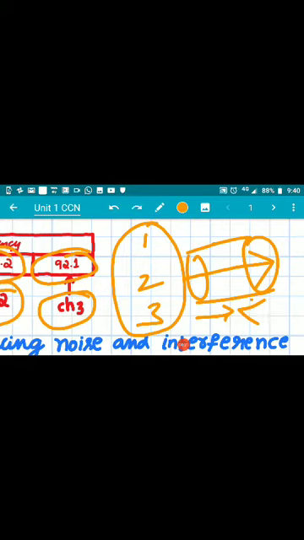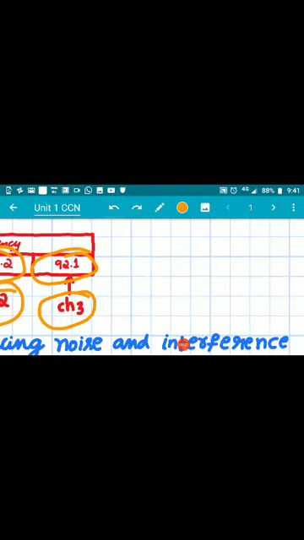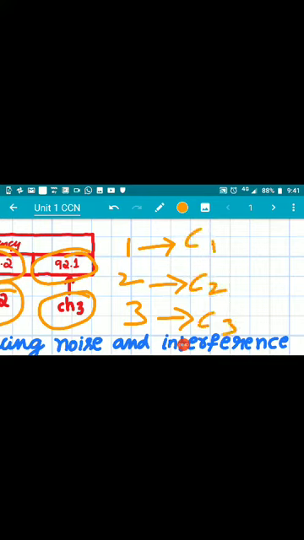To avoid such a problem, what do we do? We do modulation. I have signal 1, signal 2 and signal 3. Each signal is modulated with carrier 1, carrier 2 and carrier 3, respectively different carrier signals.